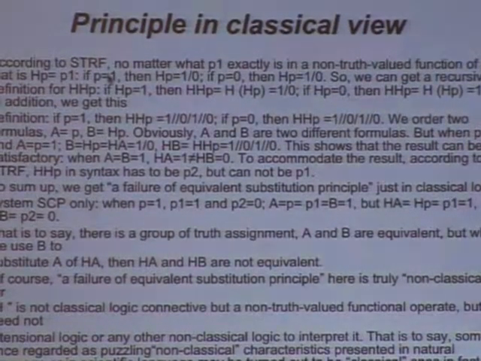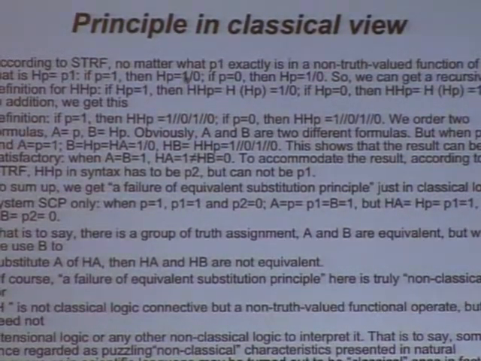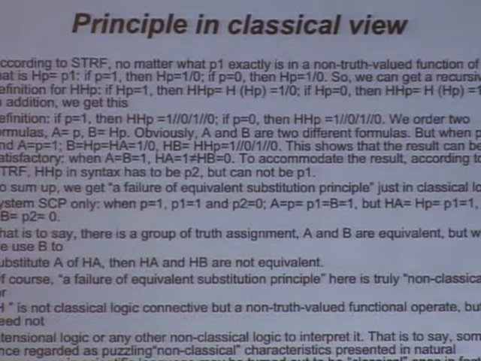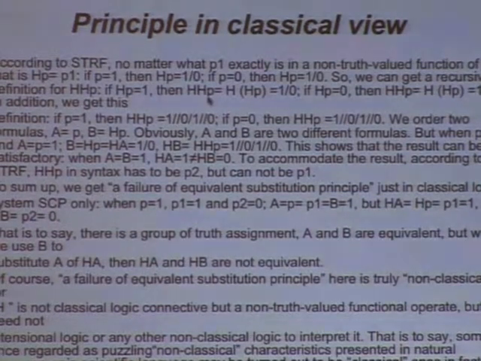If P equals 1, then HP is 1, comma 0. This shows that there are two possible assignments. Then HHP is 1. Then if HP is 1, then HP is 1, comma 0.